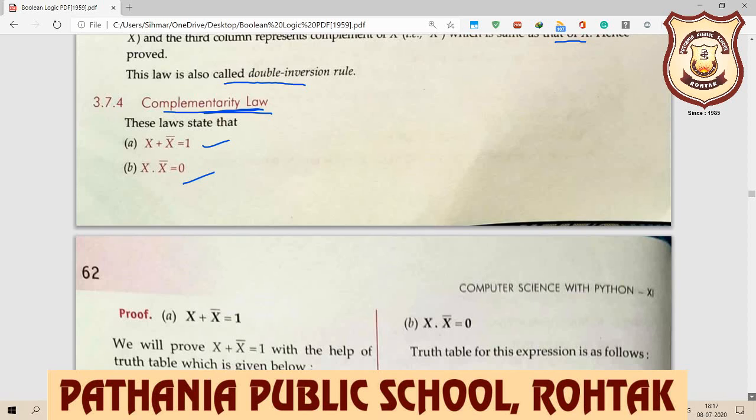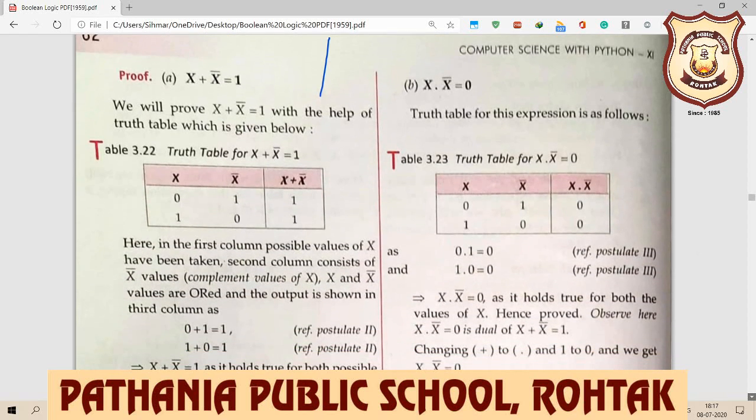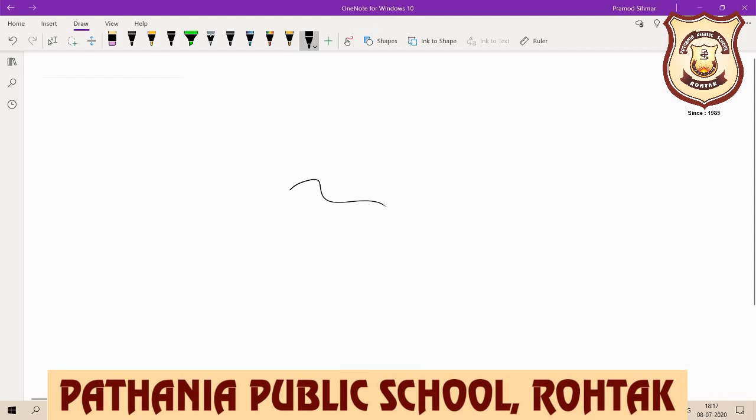So let's do the truth table of this. If you input x, our law says that x plus x complement is equal to 1.